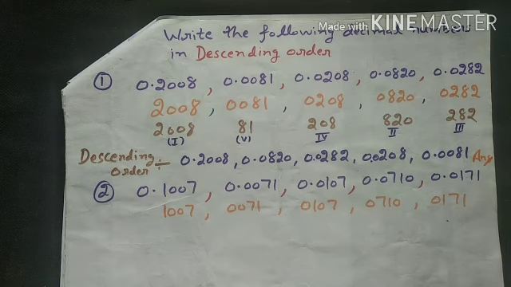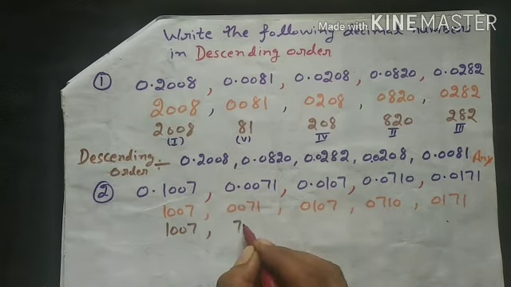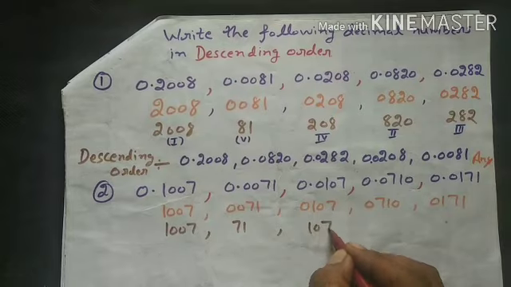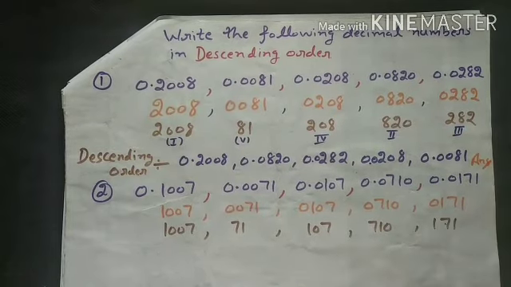Now what is the meaning of these? 1007, 71, 107, 710, 171. Okay, so in which order do we have to write? Descending order. So I will have to write the greatest number at the very first place.